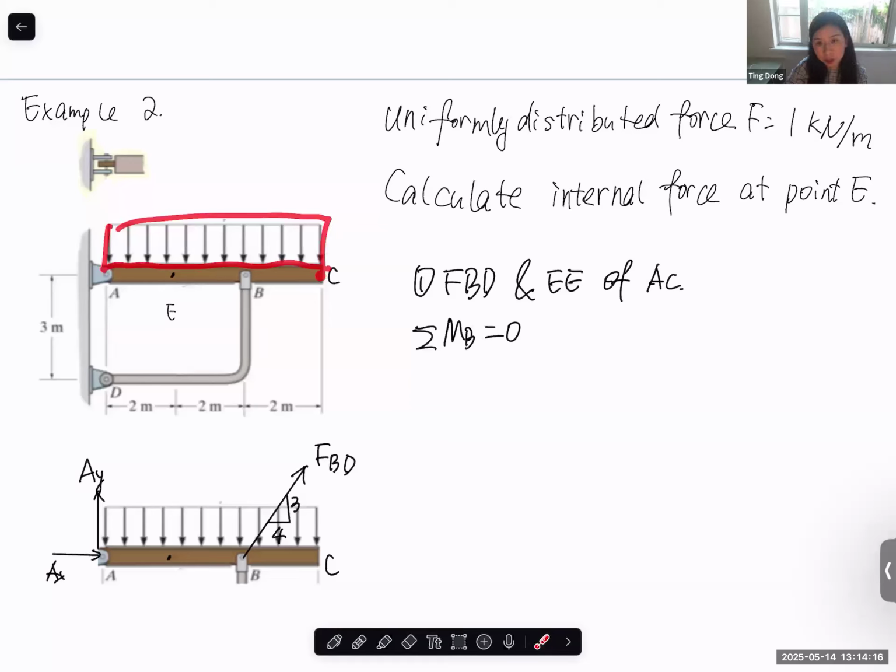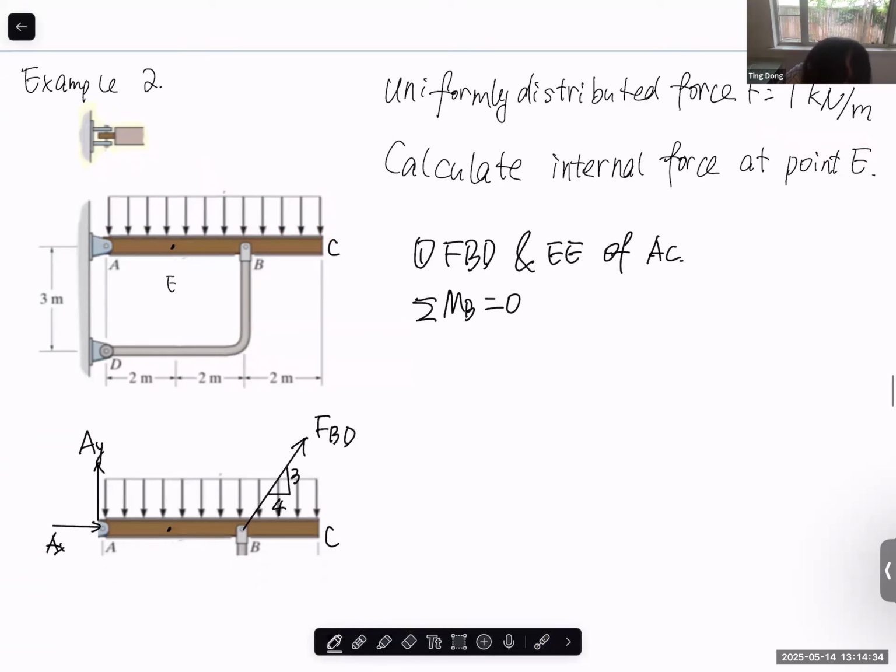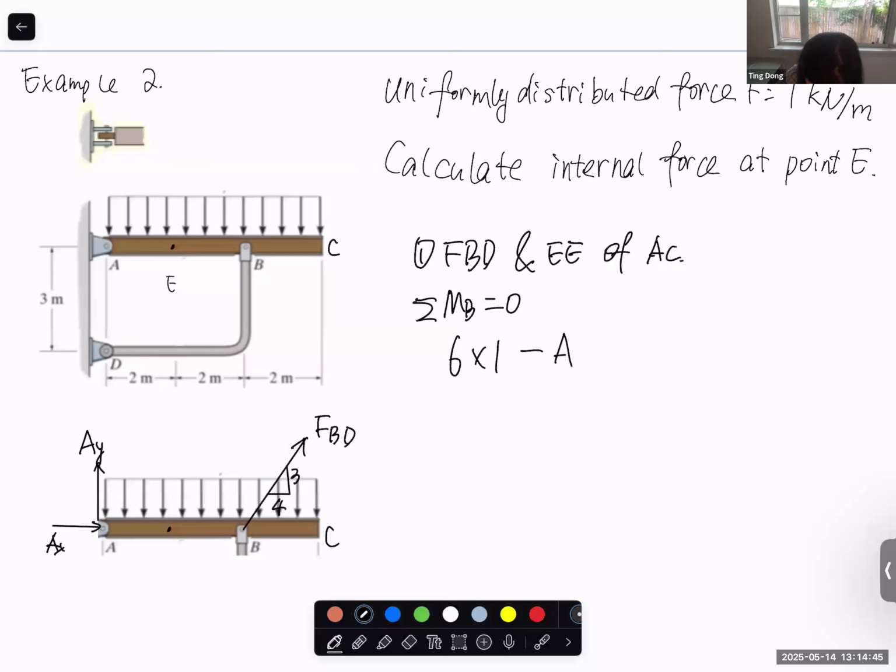For the entire AC section, the equivalent concentrated force is equal to 1 kilonewton times 6 meters, and it should be applied at the center. So it should be 1 meter from point B when we take the moment arm, taking the moment about point B. So 6 is the equivalent concentrated force, the moment arm should be 1 meter, and for AY, it's clockwise.